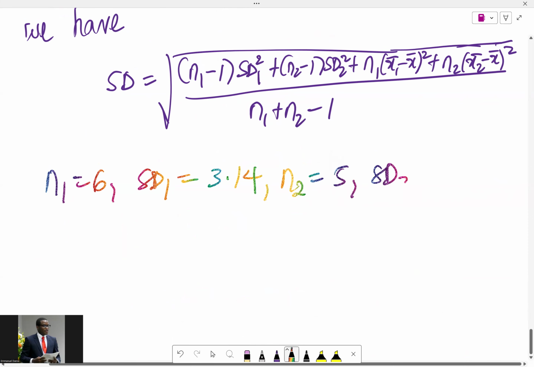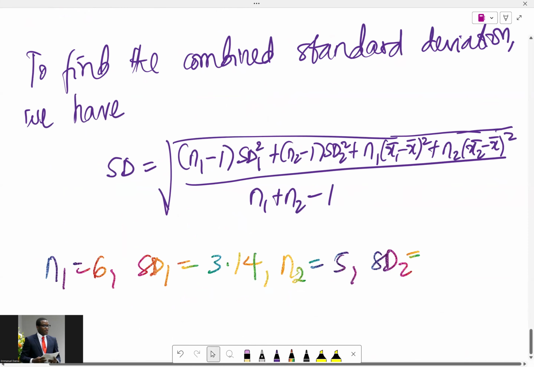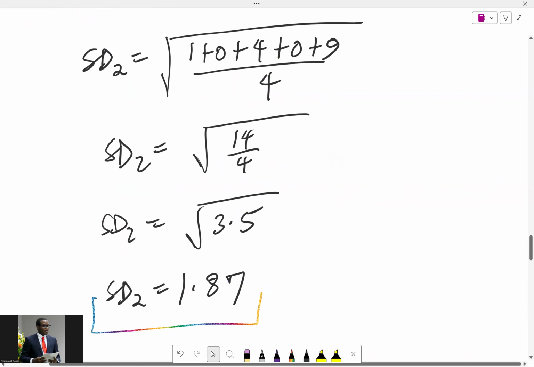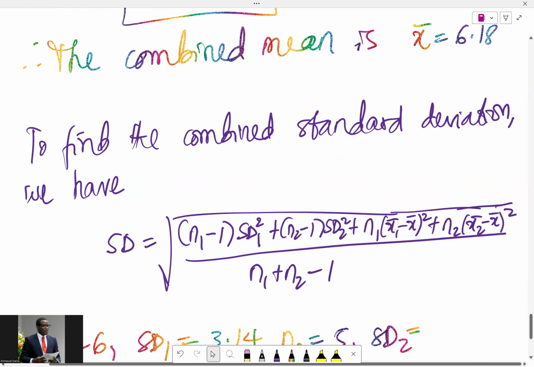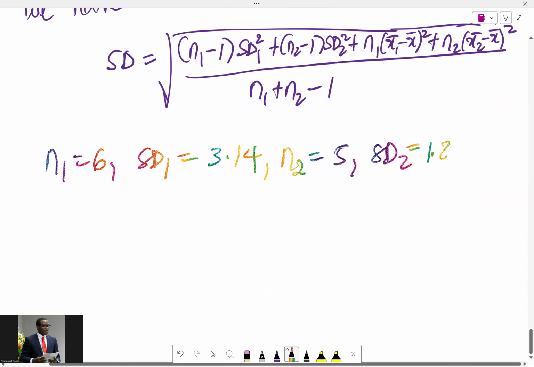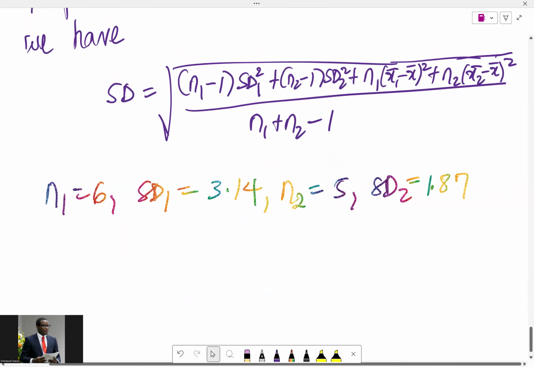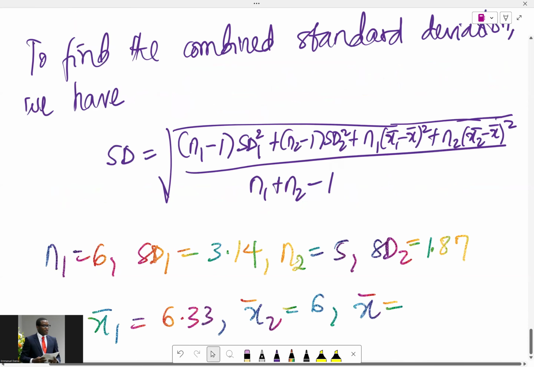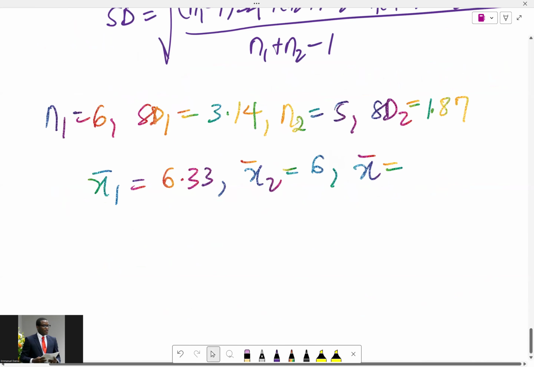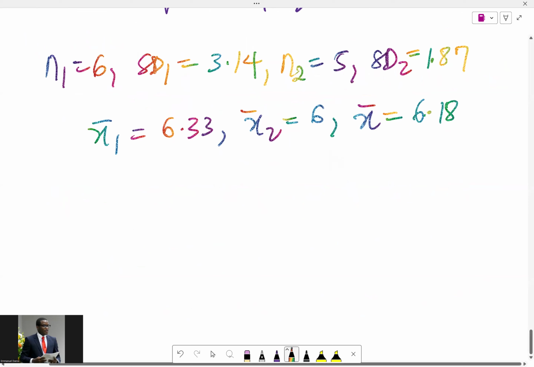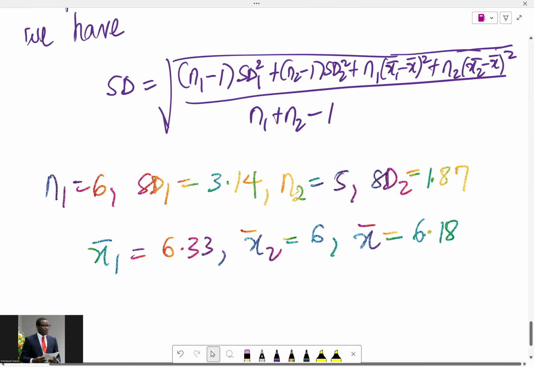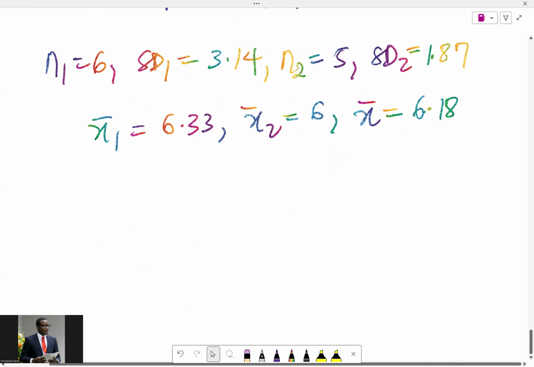And SD2 is 1.87. What else do we need? We need X1 bar. X1 bar is 6.33, that's 19 over 3. And X2 bar is 6, whereas X bar overall is 6.18. That's what we just got there. I think that's all we need, so we can go for that.